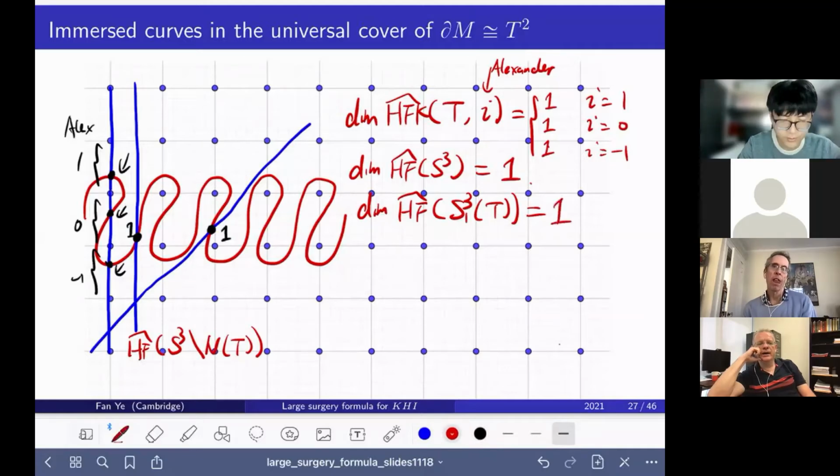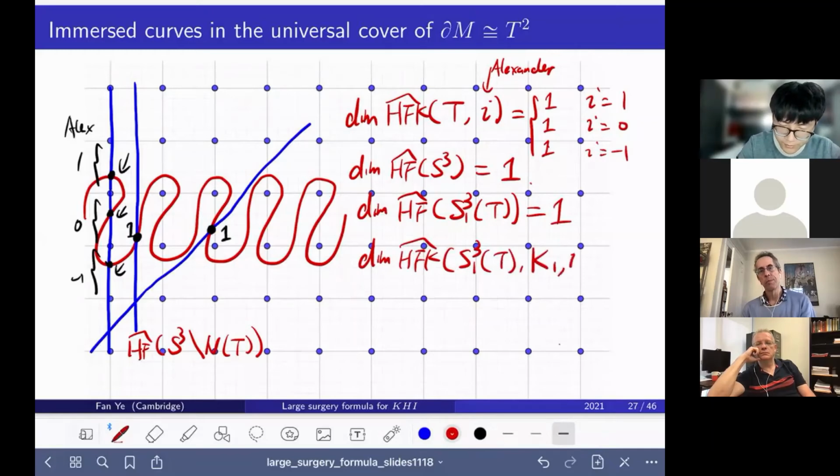This is also one-dimensional. We can also compute the dimension of HFK hat of the dual knot in Alexander gradings.